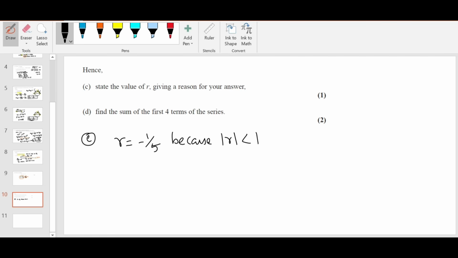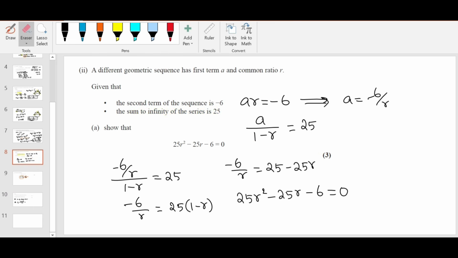Find the sum of the first 4 terms now. The formula for first 4 terms is a times 1 minus r power 4 divided by 1 minus r. But we need the value of a. Using this equation, you can find the value of a.